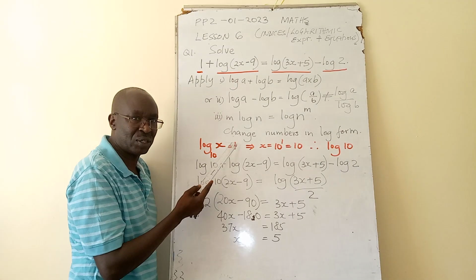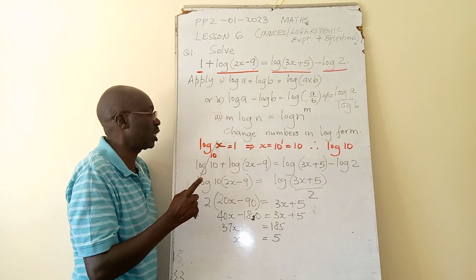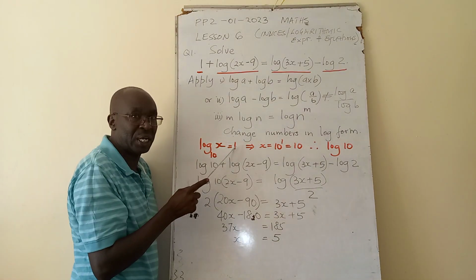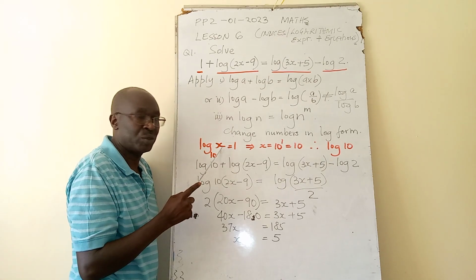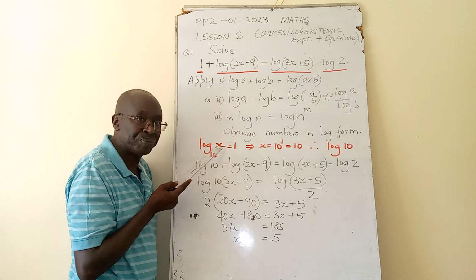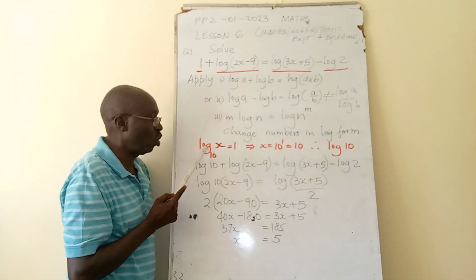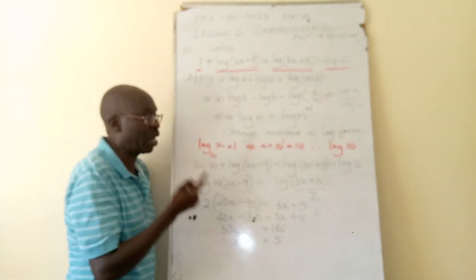I want to write this one here in this form so that I can take it here, so this one is replaced by this left-hand side. So I'm looking for this number here. If I was dealing with base 3, I would write log x base 3 is equal to 1.